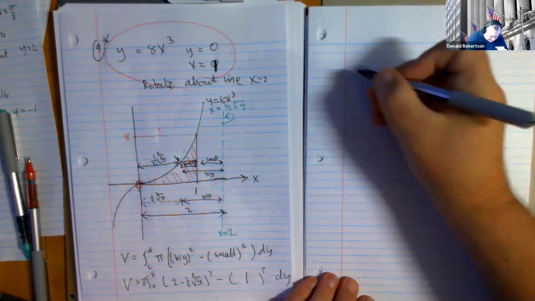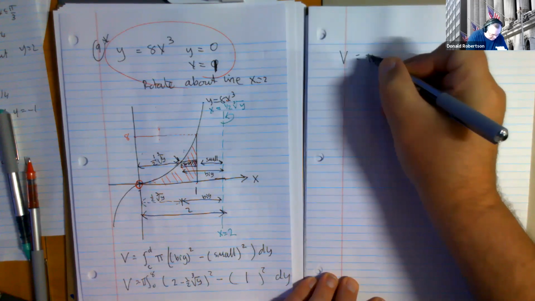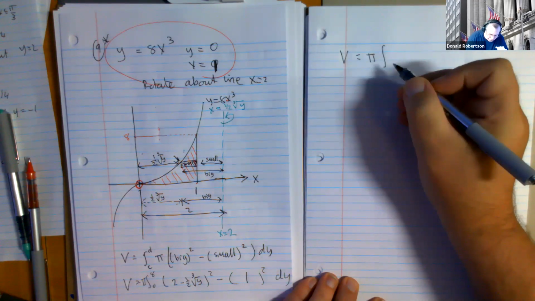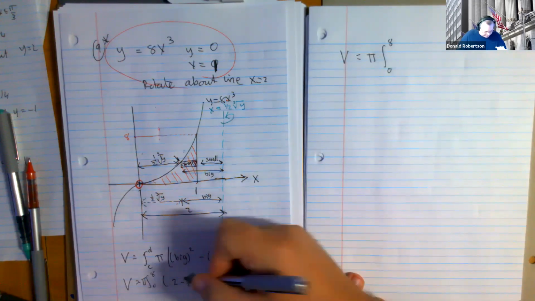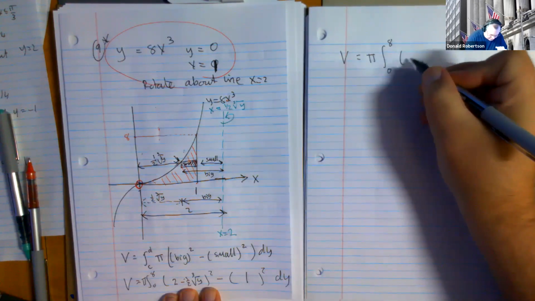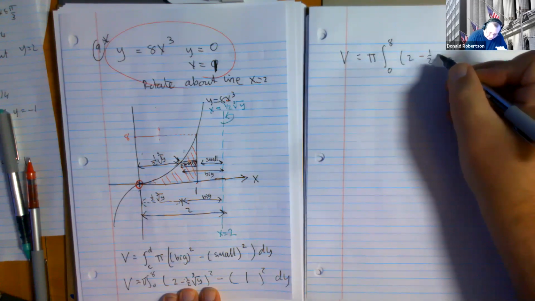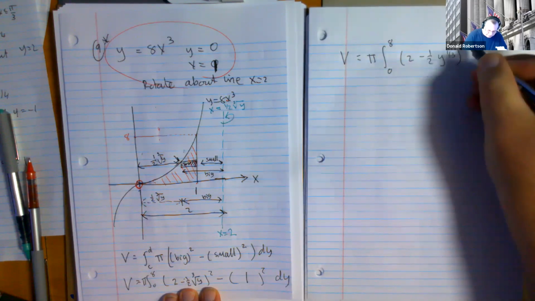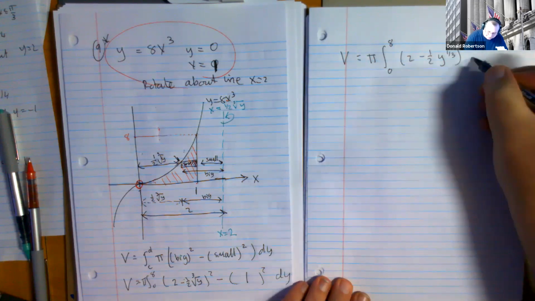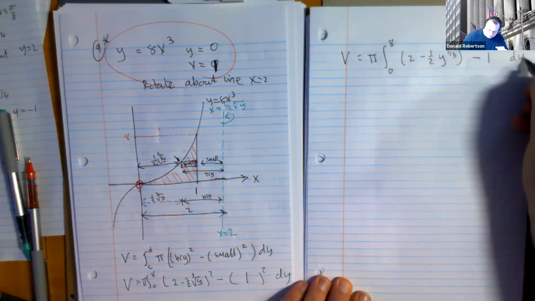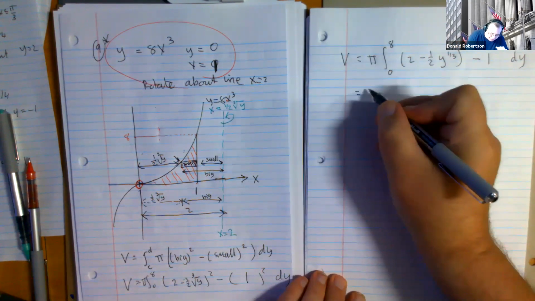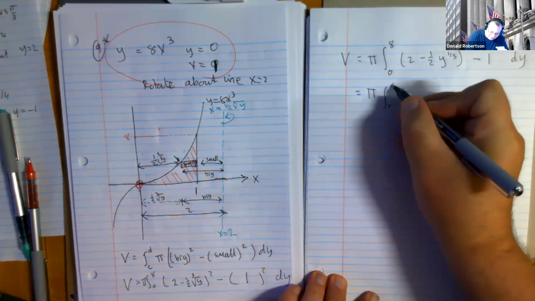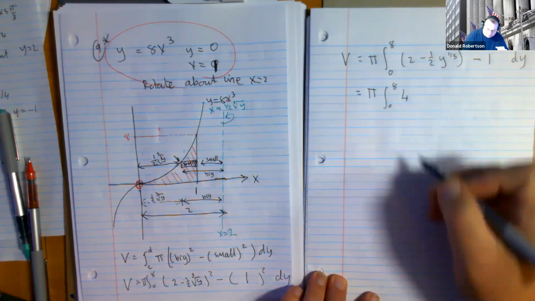So next line, pi, the integral from 0 to 8. This guy, well, I'm going to rewrite this guy as a fractional power. I'm then going to FOIL them, and you're going to get 4.